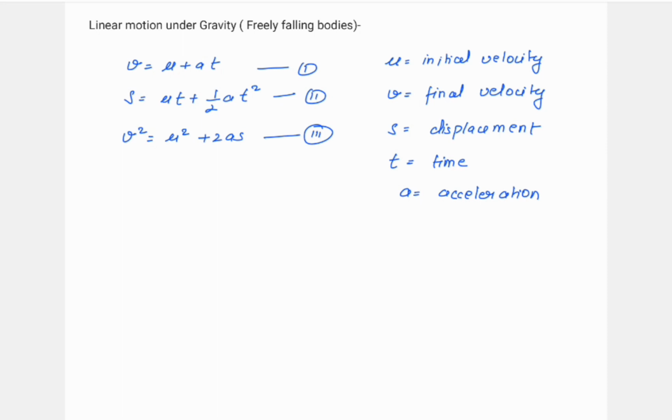I'm going to make a bit of change in these equations. As we are going to discuss motion under gravity, the acceleration that we are going to take is g. To solve the numericals of this topic, I'm going to use one sign convention.